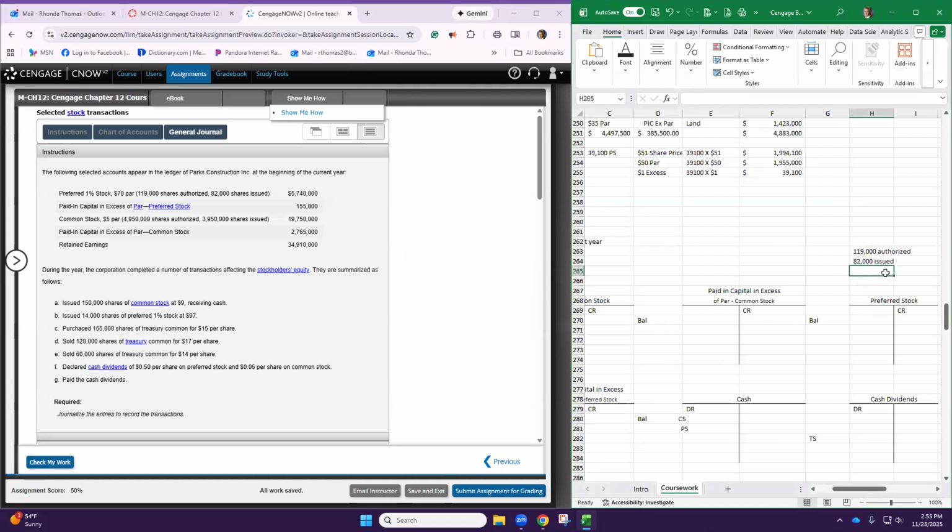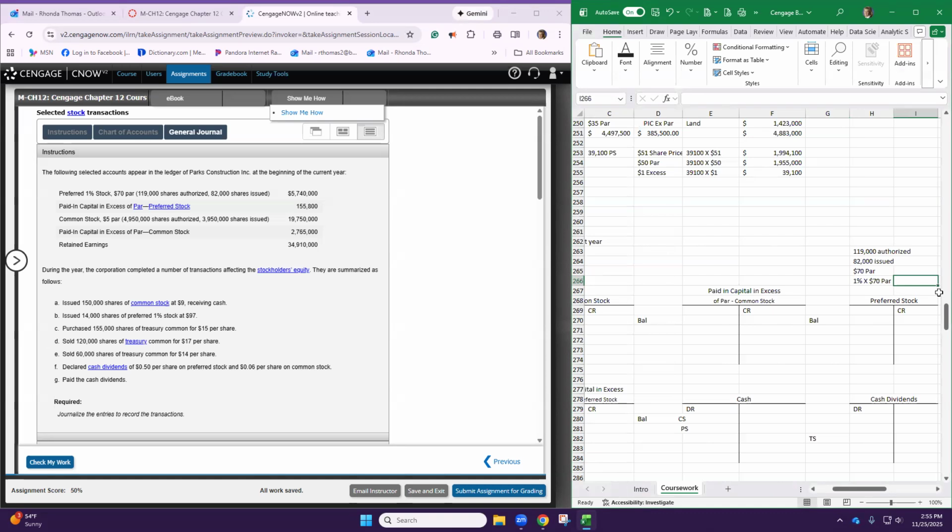Okay, this is the par. The par is $70 and it's a 1% stock. 1% times the par gives us the amount of their dividend.